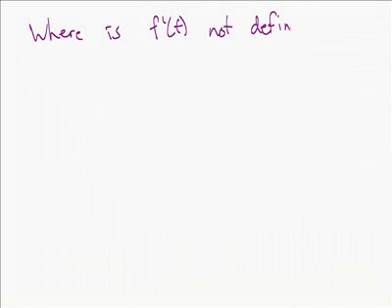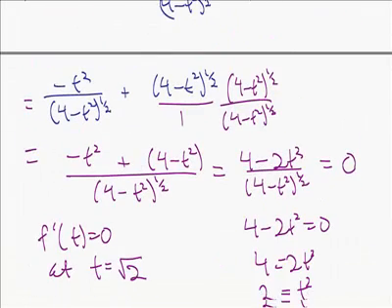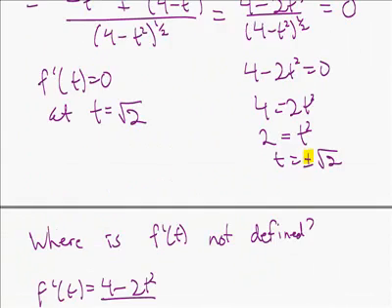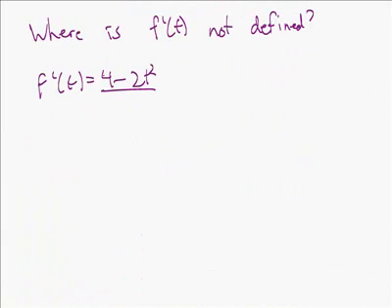Now, where is f prime of t not defined? Remember that f prime of t, when we simplified it in this last step, was 4 minus 2t squared over the quantity 4 minus t squared to the 1/2. This is not defined where the denominator is equal to 0.